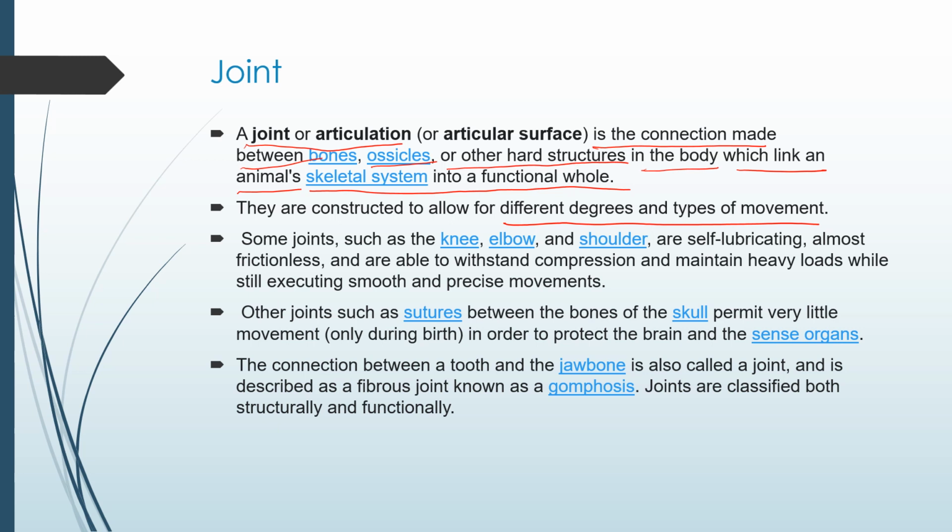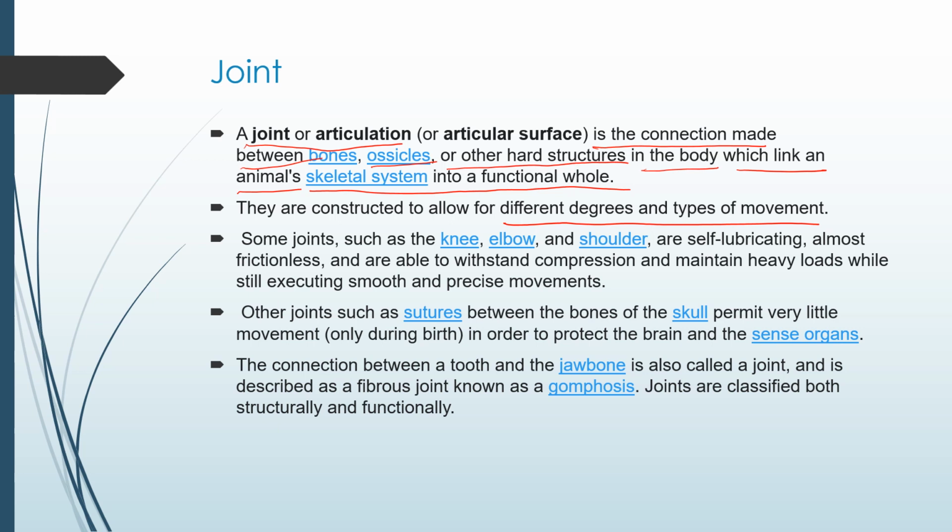In order to protect the brain and the sense organs, several bones are joined in the skull. Now, there is also a connection between the teeth and the jawbone, which is called a joint and is described as a fibrous joint. So the teeth and the jawbone, connected together, form a fibrous joint known as gomphosis.